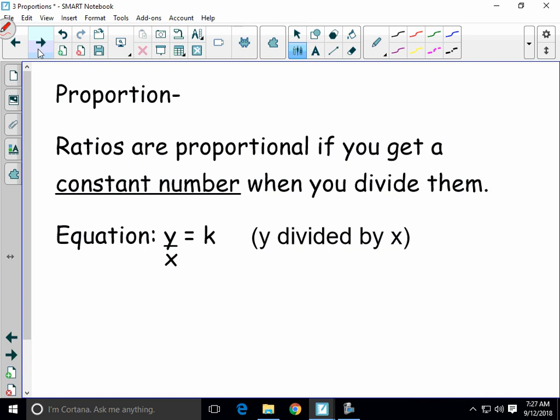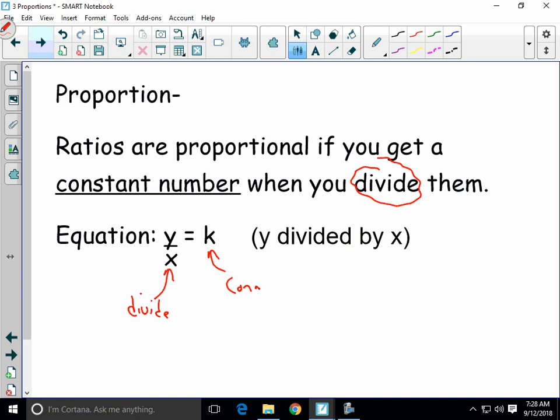All right, now today we're going to talk about proportions. First definition for proportion: ratios are proportional if you get a constant number when you divide them. Then, to write this as an equation, you have to write this equation down. Y divided by x, so that's what the left side says you're going to divide, and you see if you get a constant.